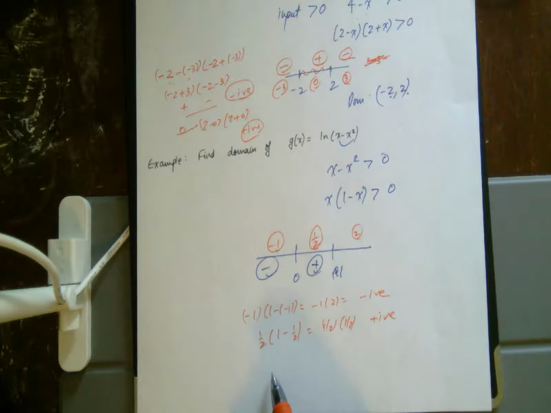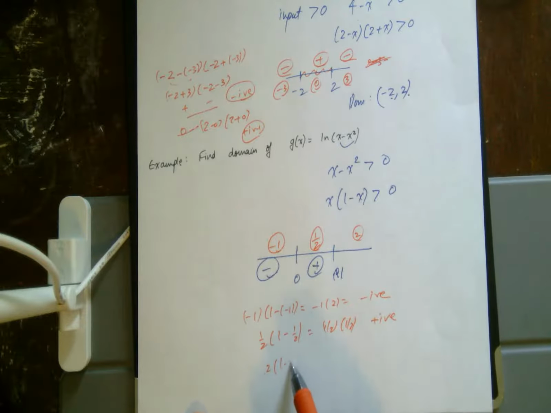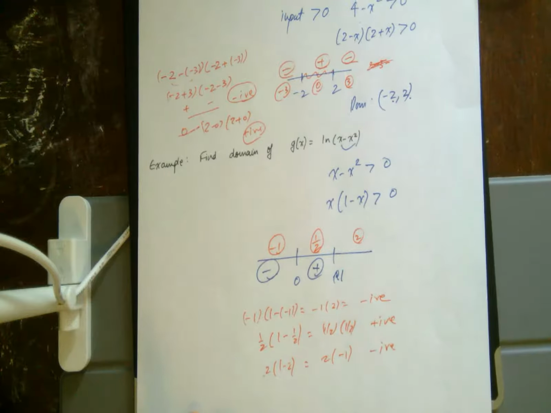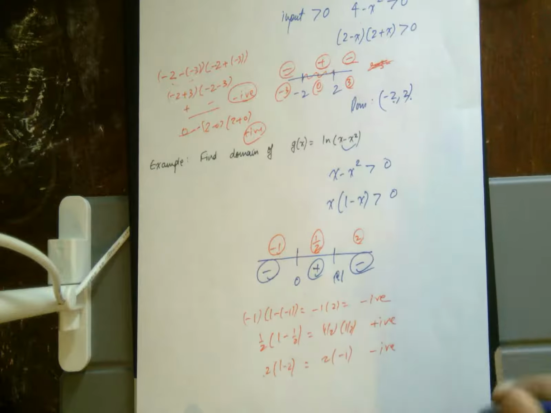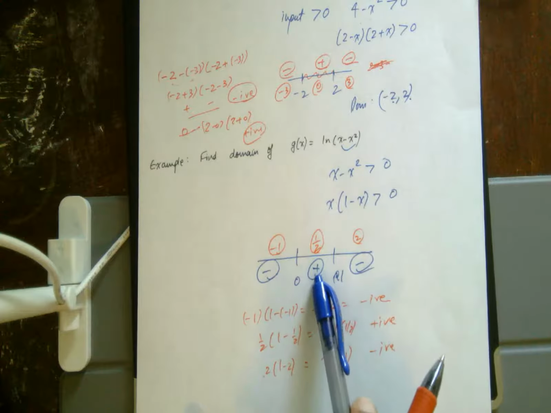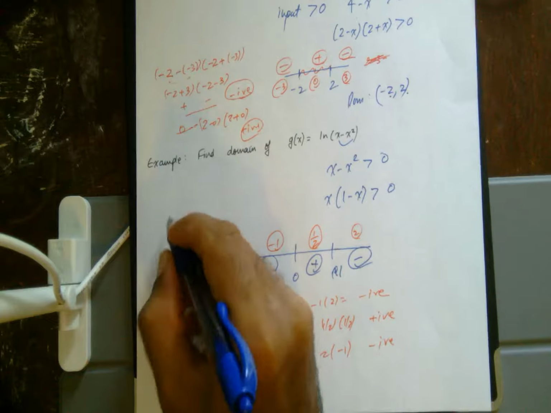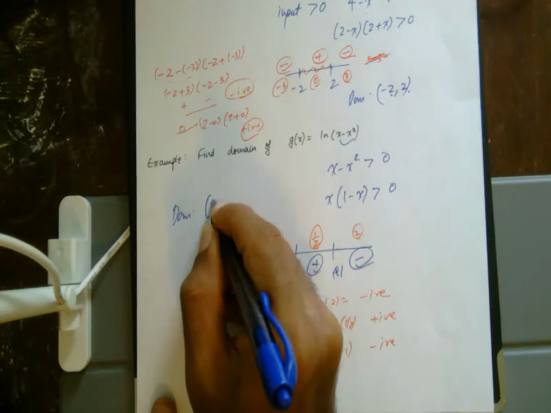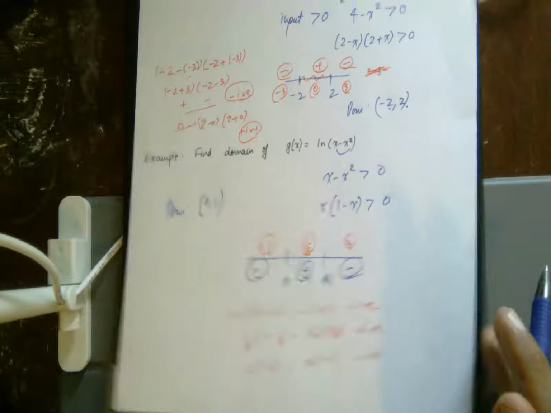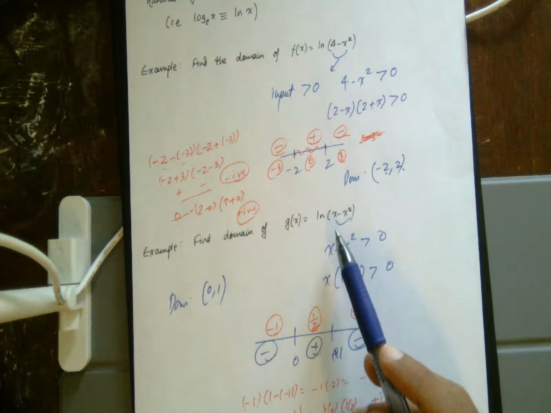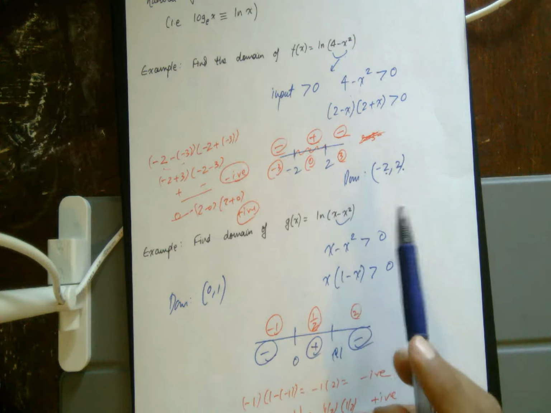And 2 times 1 minus 2 is 2 times negative 1, which is negative again. So where is it positive? It's positive right here between 0 and 1. So the domain is 0 to 1. And you don't include 0 and 1 for the same reason. If you plug in 0 or 1, it gives log of 0, which is not defined.